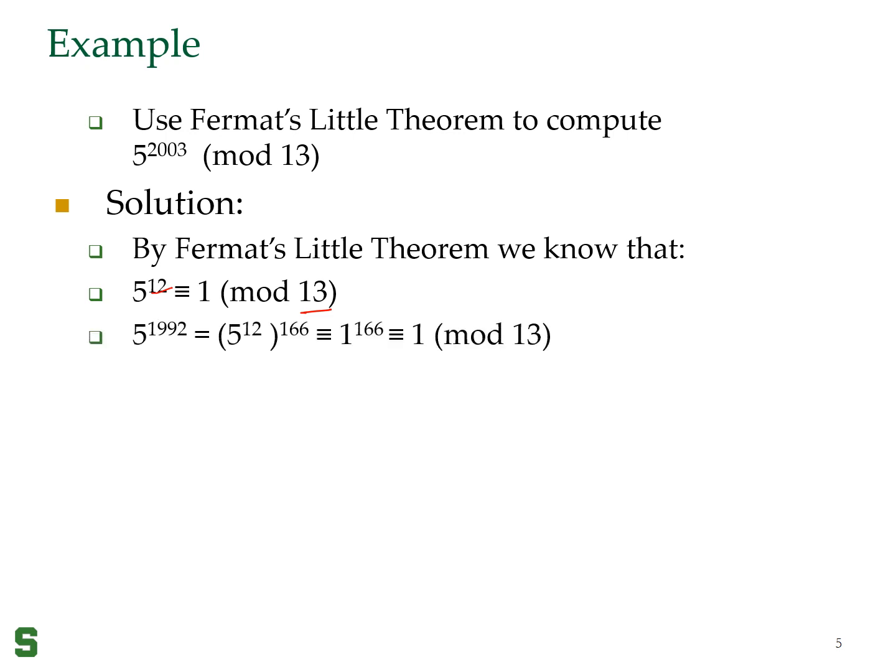Now we can take this further. We can basically divide the number 2003 by 12, and what we'll find is that the quotient will be 166, the remainder will be 11.